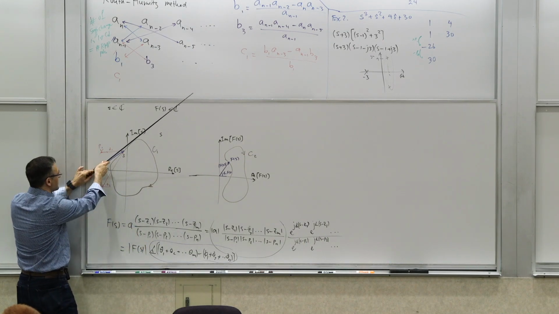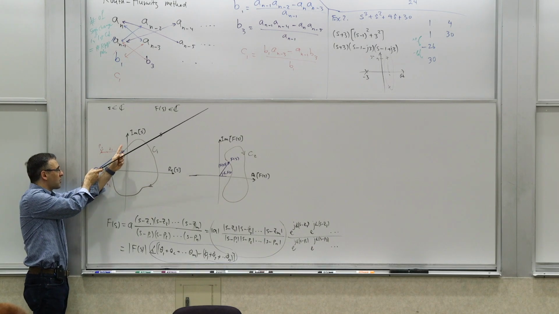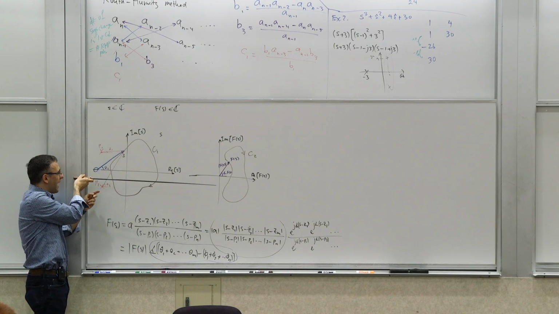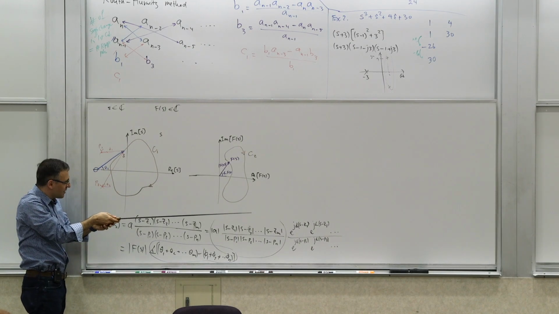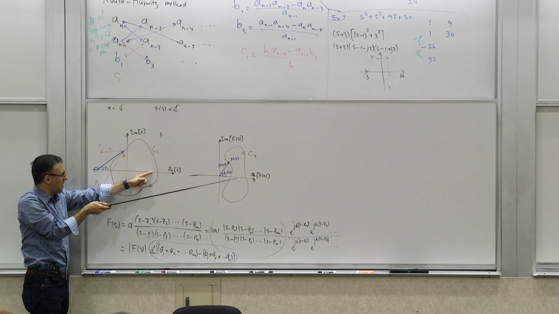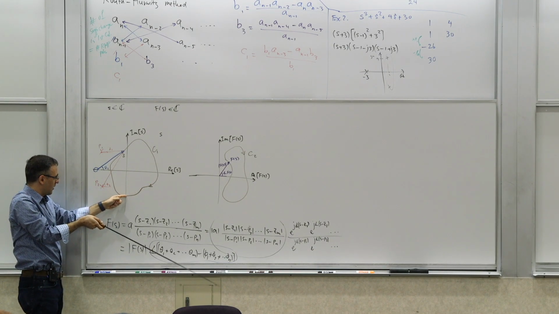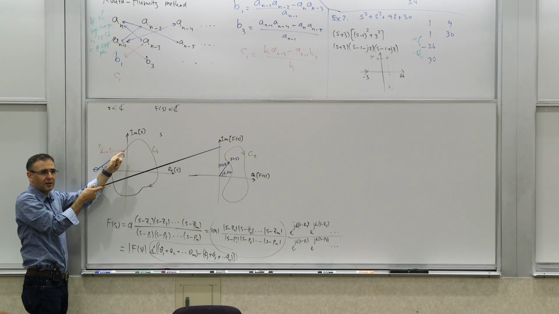For each one of these, let's assume the blue one, if that zero is outside this contour, as s traverses the trajectory, this phase goes up, and then it goes down, and it comes back up, and it goes back there, right?